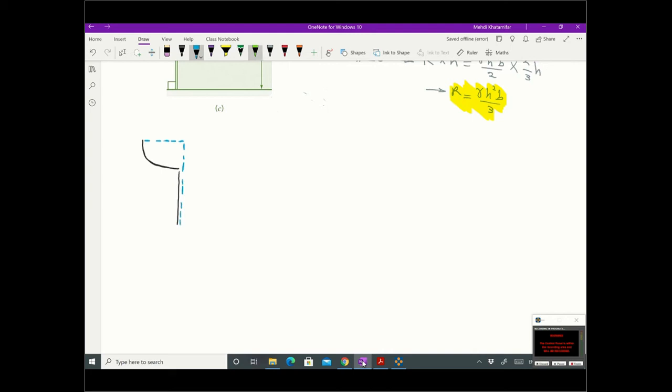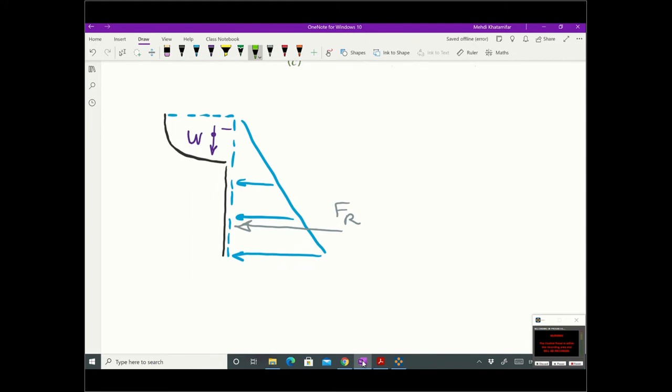So from the right side, I'm going to have this pressure exactly like the previous part, and the resultant force is going to be here, Fr, exactly the same as the previous part. At the center of this quarter of circle, I'm going to have this weight, and this distance is 4 divided by 3 pi times the radius, which is h divided by 2.